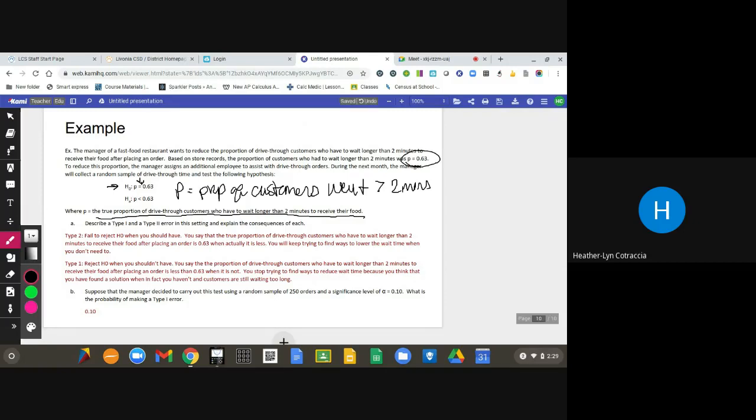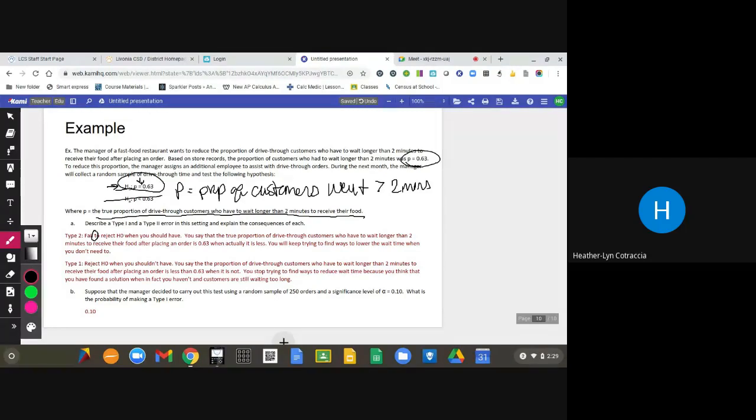Then type 1, type 2 error. I always start with type 2. With a type 2 error, remember, it's fail to reject the null. So if you fail to reject the null, you say, I'm going to support the null. My alternative is probably not true, but this is an error. Basically you say that the proportion of customers who have to wait more than 2 minutes has not changed.